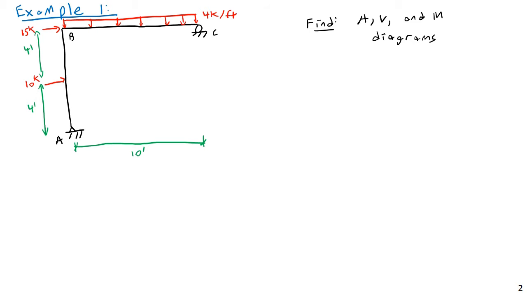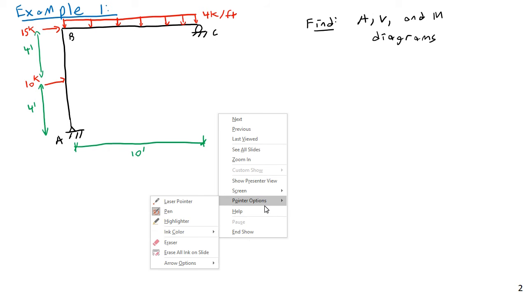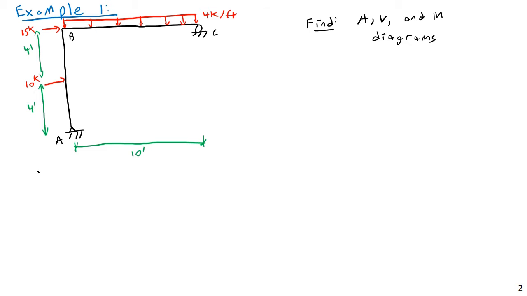So let's go ahead and get this. Now, to speed things along a little bit, I am just going to give us the reactions first. And that should be fairly straightforward. Solution.